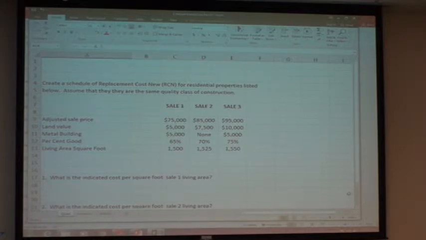But the key thing again, I'll say it, is when you get a depreciated value, you gotta turn it into a new value, by dividing by the percent good, not multiplying. If you multiply, you further depreciate it, further than it already been depreciated. You got the sales price minus the land and amenity, you get to the RCN LD, that changes the RCN LD to RCN, so you divide by that number.